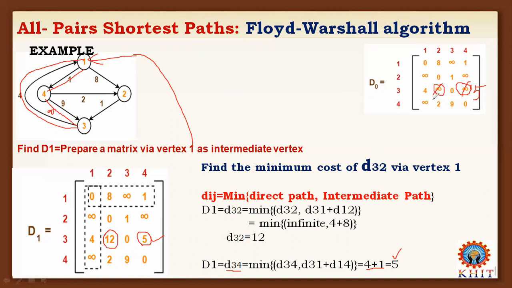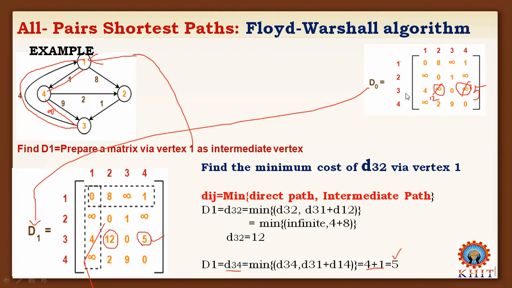So this can be replaced as a 12 if you move from D0 to D1. This is the initial matrix and this is the through-intermediate-vertex matrix. If you observe the difference between the initial matrix and the given matrix, two changes are made.